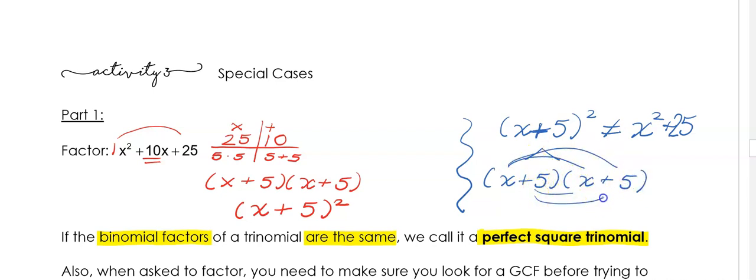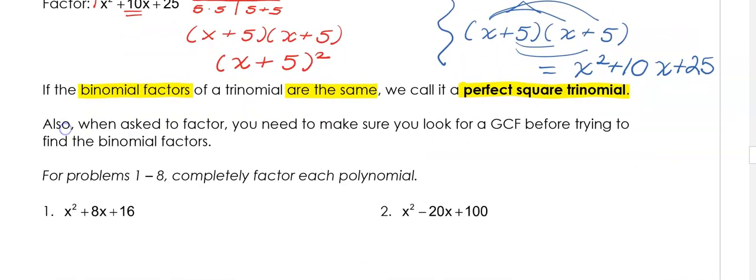So when you distribute and you FOIL, you could see that you should always have that middle term. So again, as a review, remember when you have x plus 5 squared, it does not equal x squared plus 25. There is a middle term.